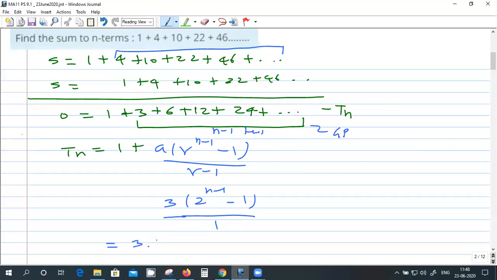Now how will you find the sum? Sum is sigma Tn, that is 3 times sigma 2 raised to the power n minus 1 minus 2 sigma 1.